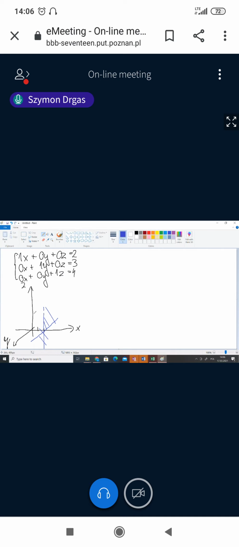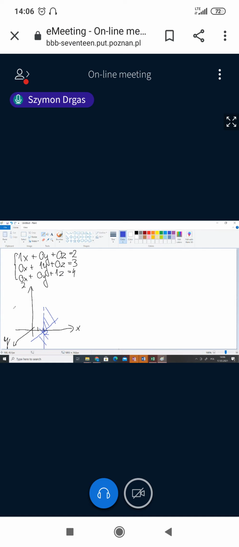Okay, so we can illustrate this first equation as a plane, which is parallel to a plane spanned by the y and z axes, but shifted to the right, such that it intercepts this 2 point.